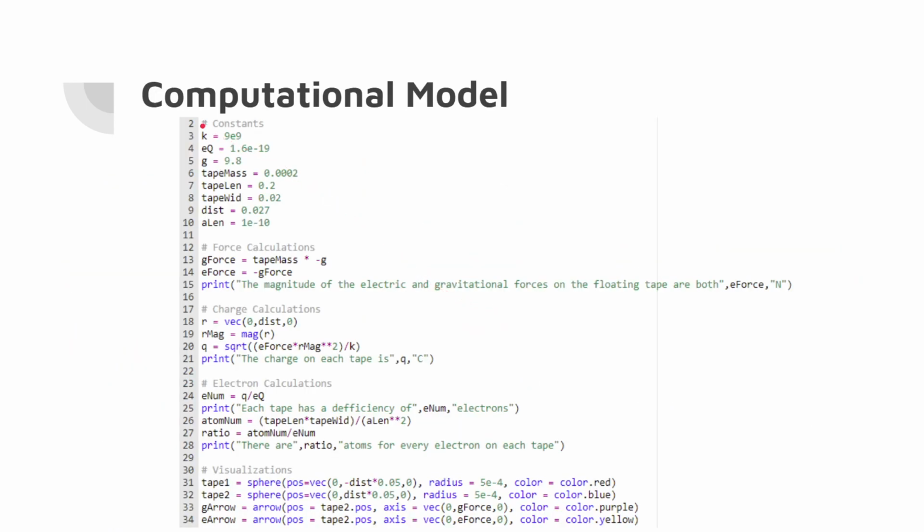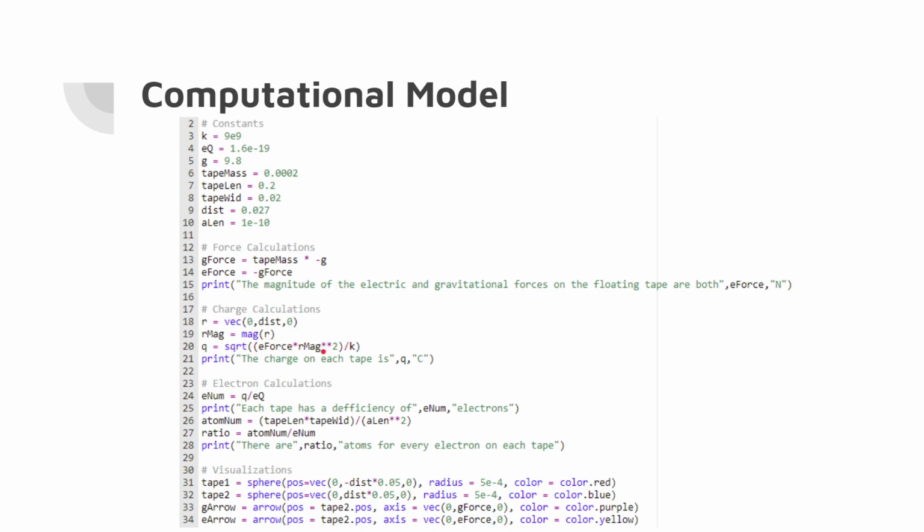So how does this help us? Well, we can use a computational model to do a lot of good calculations for us. We got our constants here: electron charge, K constant, acceleration due to gravity, tape dimensions, atom length, distance. And our force calculations here: gravitational force, and electric force is just going to be the opposite of that. We got our charge calculations, our R vector, our charge due to the electric force.